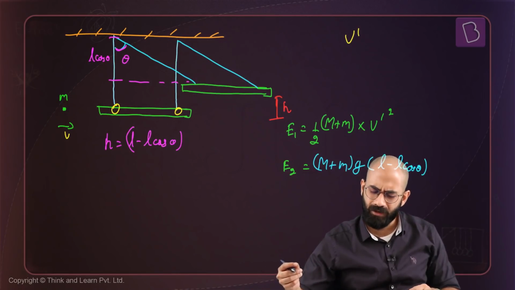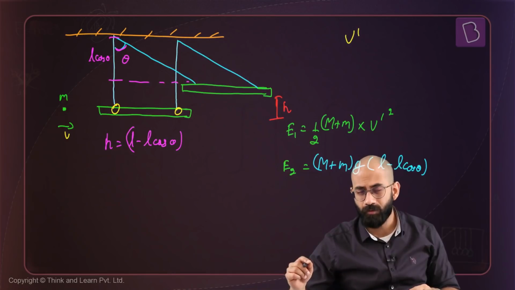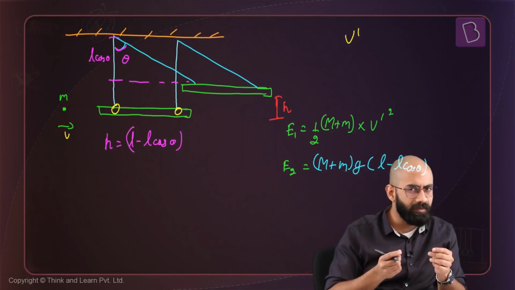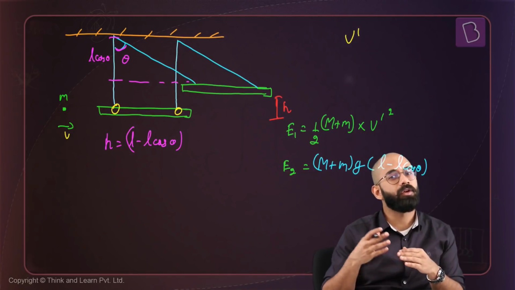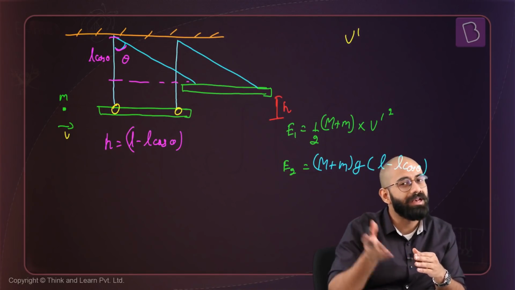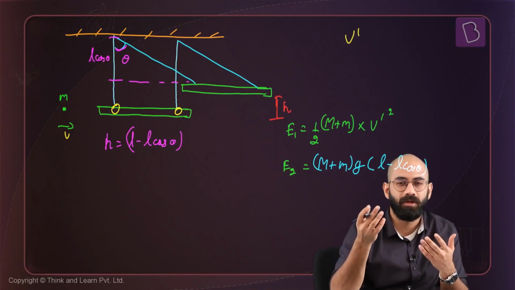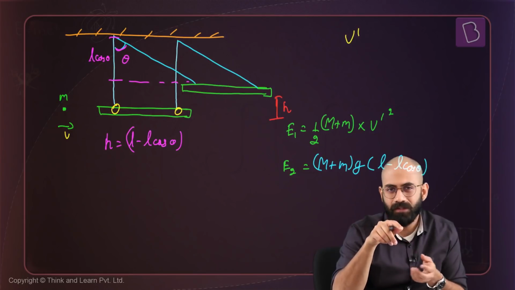Is there anything else? Now, some of you might have a question here: what about the work done by the string itself? In the other normal pendulum cases, the force by the string will always be perpendicular to the displacement at any single point, so there will be no work. That's why we neglect it. But over here, this is a different case.